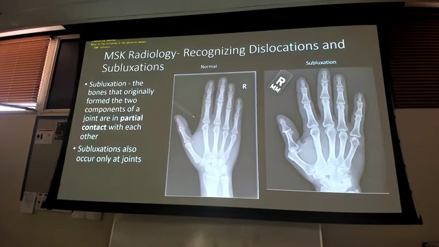So anatomy-wise, my radius is here, my ulna is here on this side. Because the distal fragment is shifted that way, towards the ulna, it becomes an ulnar subluxation. In the hand and wrist, we like to use radius and ulna.